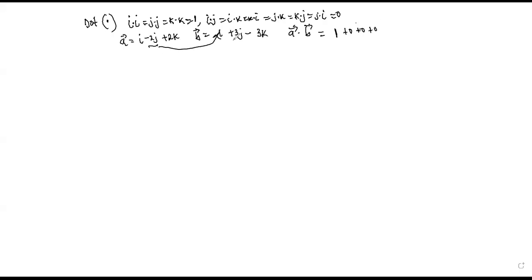But J and J, you consider the components there, which is minus 6. Then for the K term, you're still going to get 0. Then lastly, for K, you get 0 for I, you get 0 for J. Now you consider the K, and this is going to be minus 6. Is it minus 6? Yes. So that's how to get the dot product.